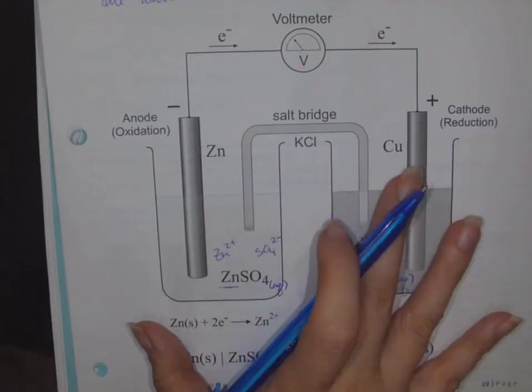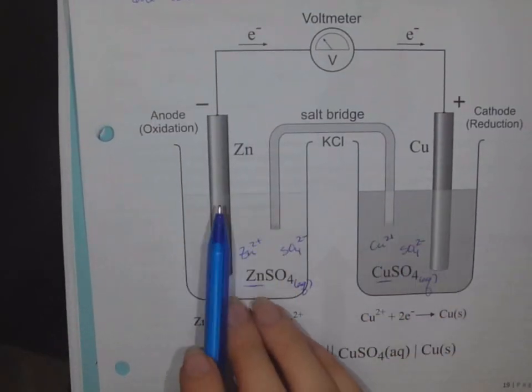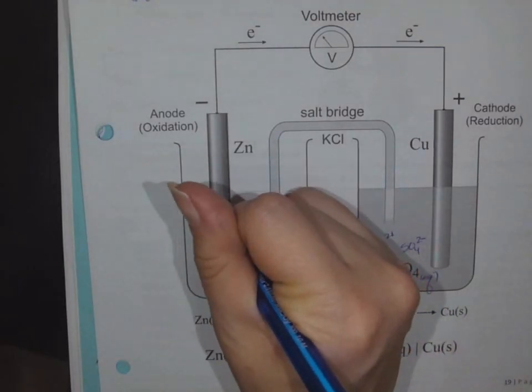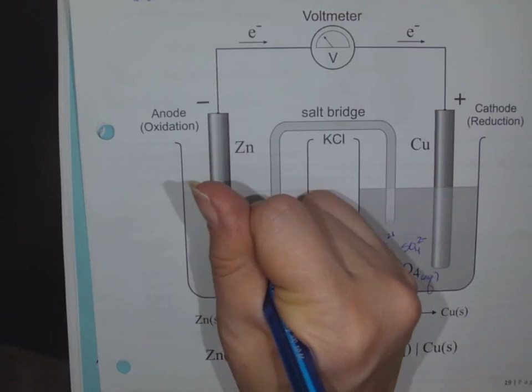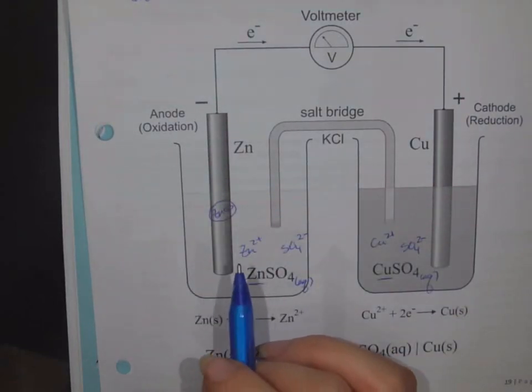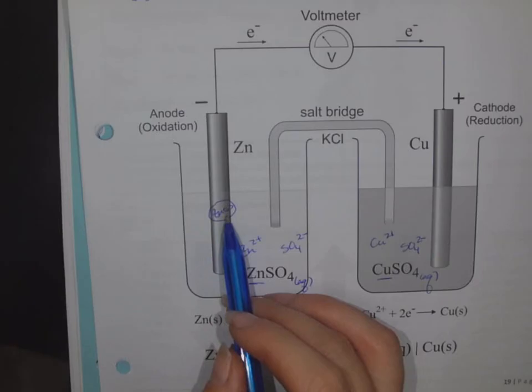Now, what we have going on down here is that this zinc is going to, here's my zinc atom, zinc solid. Obviously this is so much bigger than what they actually are, but just so you can see it. So this rod is made of a whole bunch of these zinc solid atoms. They're neutral.